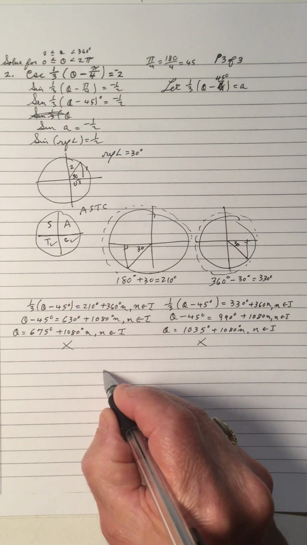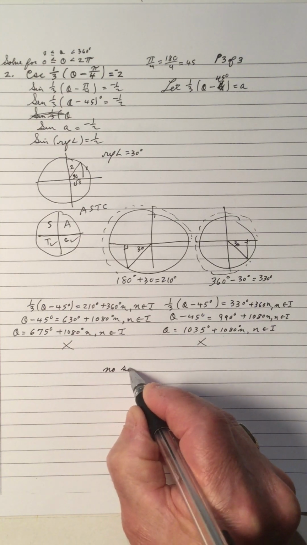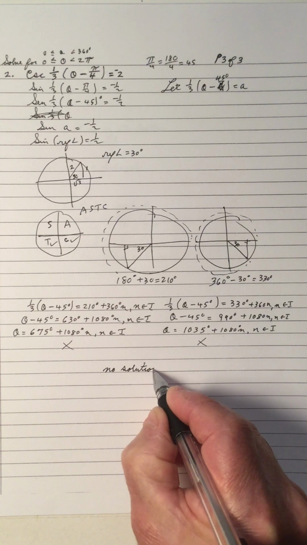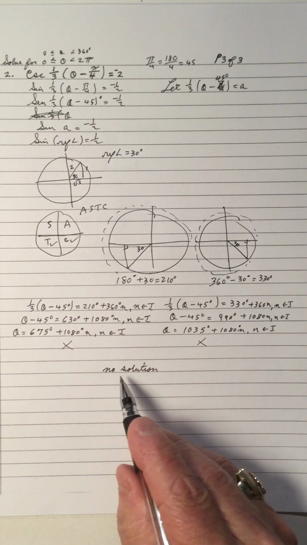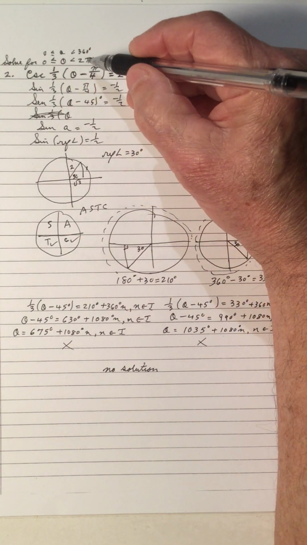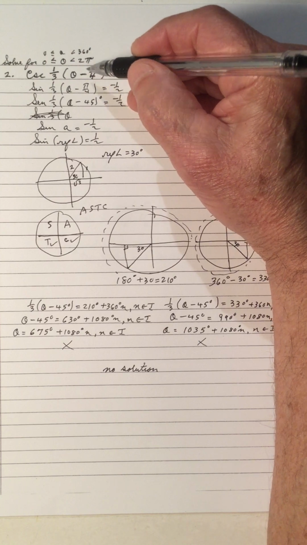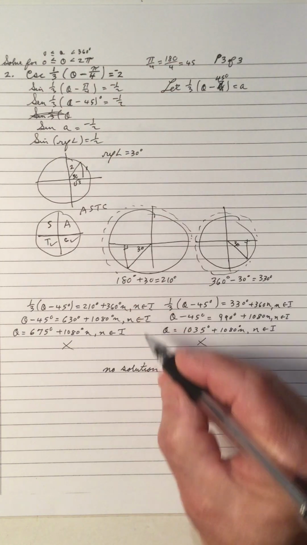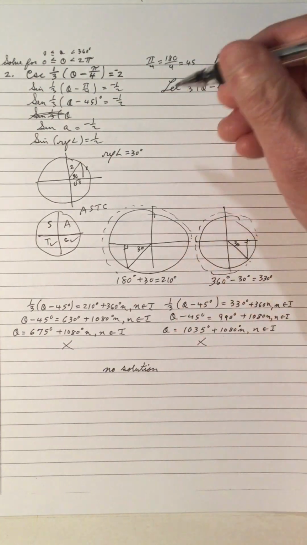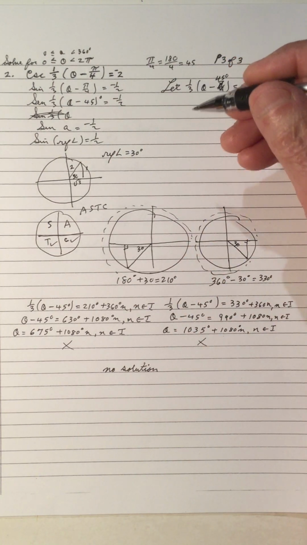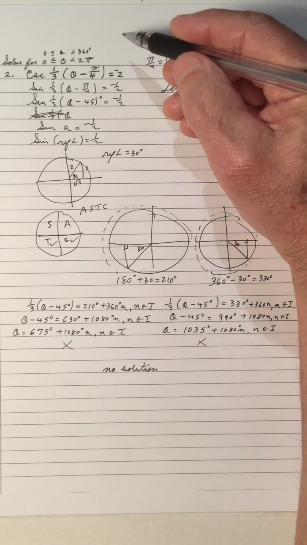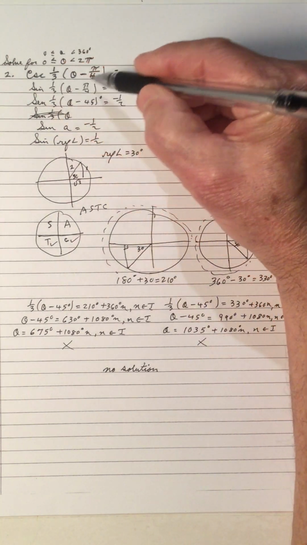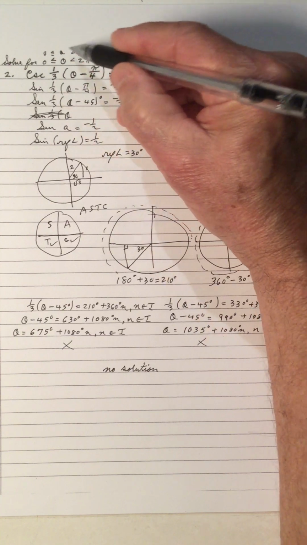That means there's no solution between 0 and 360 or 0 and 2 pi. There are other solutions, but they're not between this restriction. I decided to give you a problem like this because how do you know there's always an answer? There are answers, but there's not always, again, an answer between the restriction that you want.